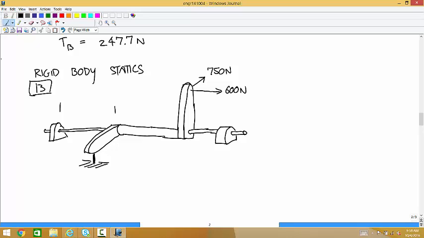This distance is 200 millimeters. I'm going to just put all this stuff in meters right now. So 0.2 meters.